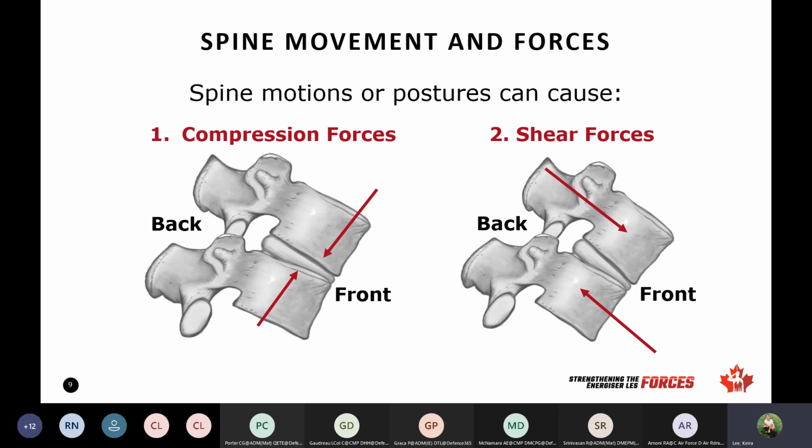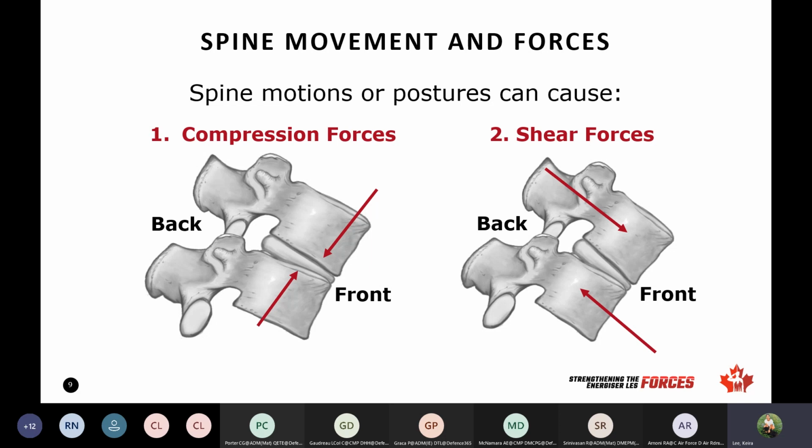So compression forces place stress vertically on the spine, okay, as we could see with that little animation there. And that would really be giving less space to the structures by squishing or compressing them. So it's in the name, right? And then we have our shear forces, which is when there's stress horizontally on the structures. So this happens when a force makes the vertebrae slip or slide on top of each other while its surrounding structures are stressing to keep them aligned.